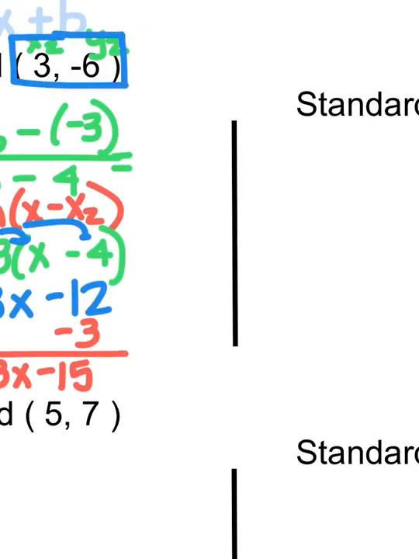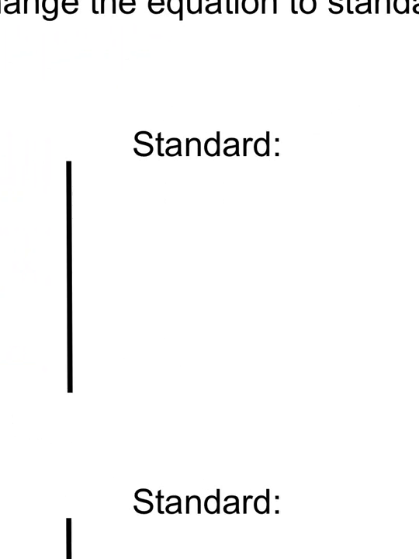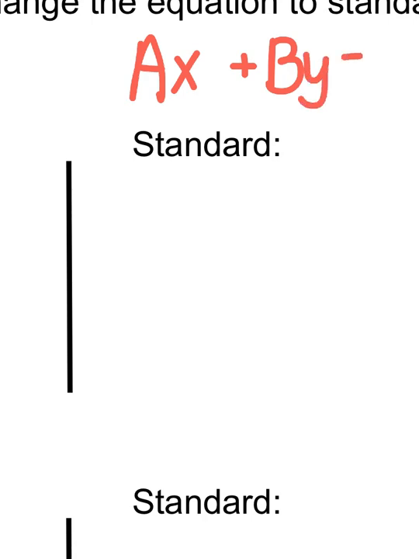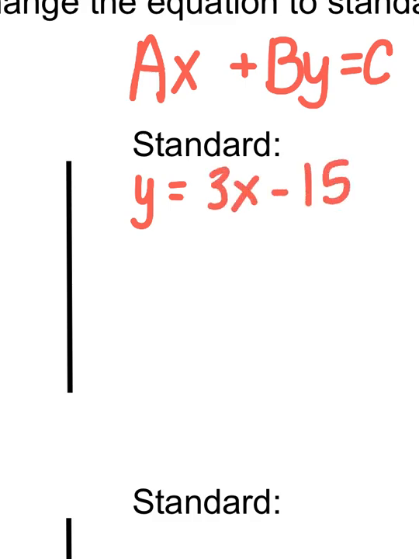Now we'll take that and try to make it standard form. Our goal is ax plus by equals c. We'll begin with our slope-intercept form, y equals 3x minus 15.